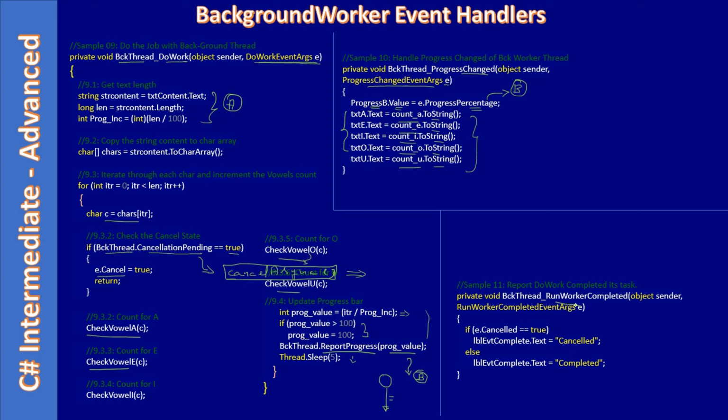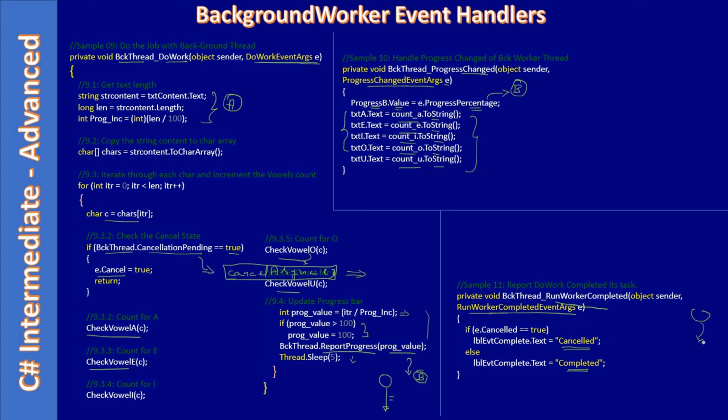Finally, RunWorkerCompleted. Here we check e.Cancelled equal to true, in RunWorkerCompletedEventArgs. If e.Cancelled equal to true, we update our main UI with cancelled. Otherwise, we state completed. You will get this message when the user clicks the cancel button.